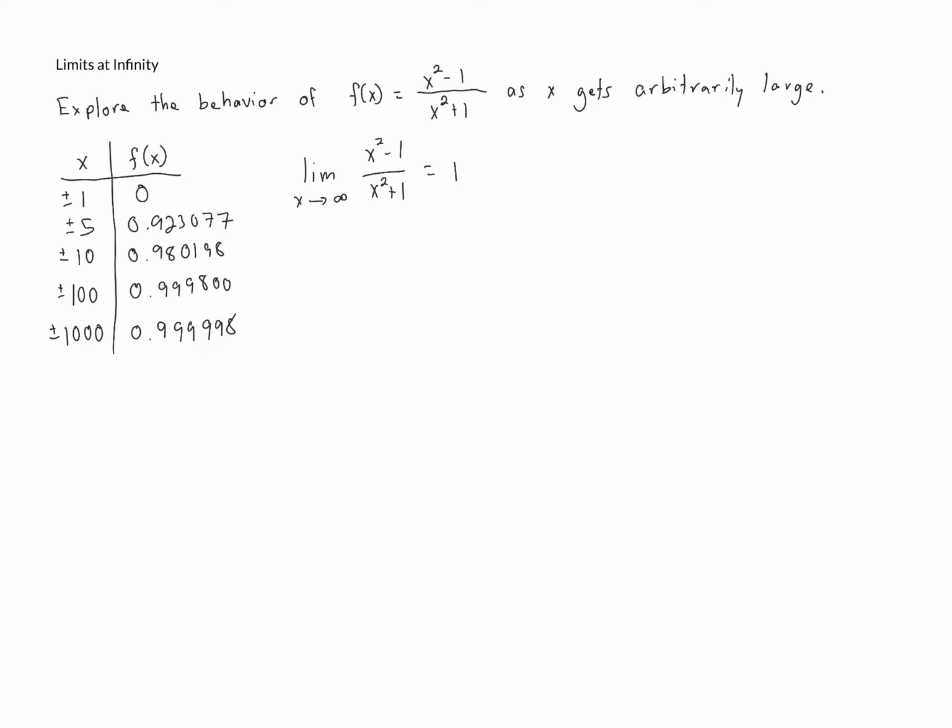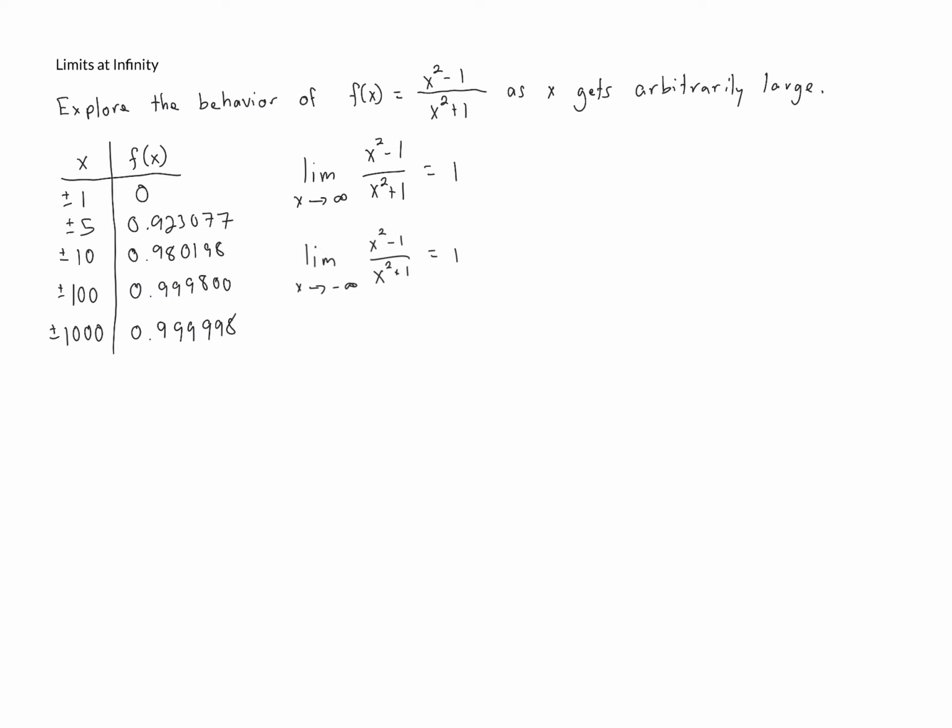And so if we look at what happens as x goes from -1 to -5 to -10 to -100 to -1,000, we have the same behavior. And so we can also say that the limit as x approaches negative infinity of x squared minus 1 over x squared plus 1 is also equal to 1. So in both directions, towards positive infinity and negative infinity, we have the same limit.